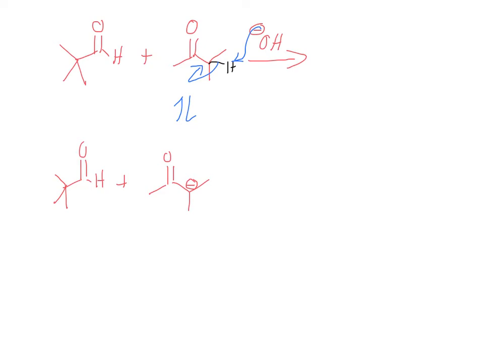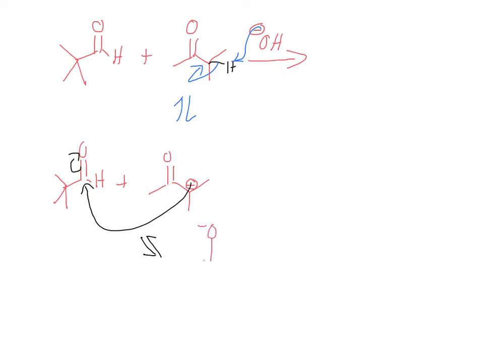All right. So now we have our nucleophile. The carbon of the carbonyl is going to be our electrophile. So let's have that react. Simply an addition reaction. So we make a tetrahedral intermediate here.